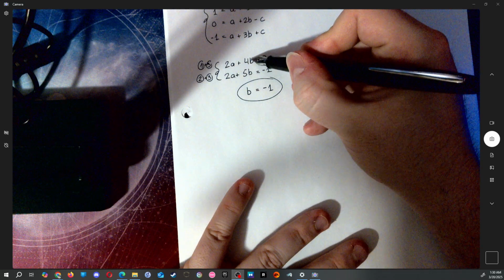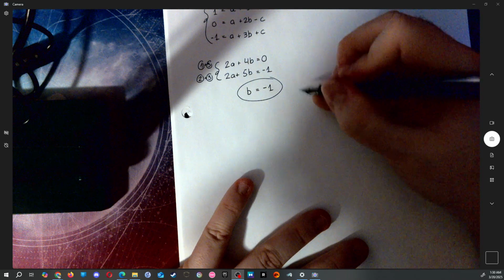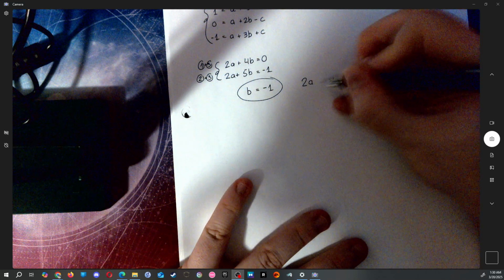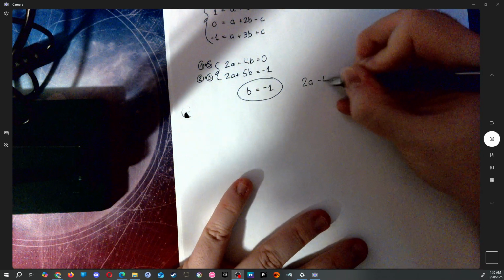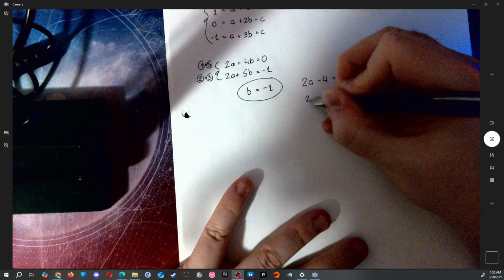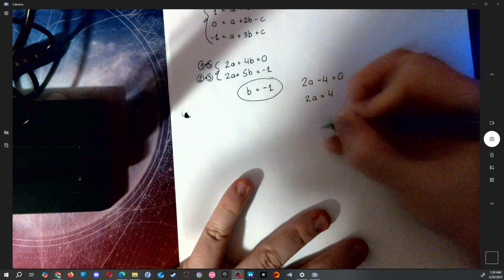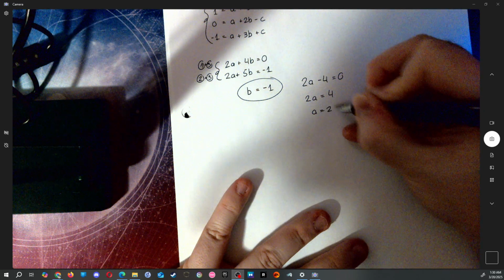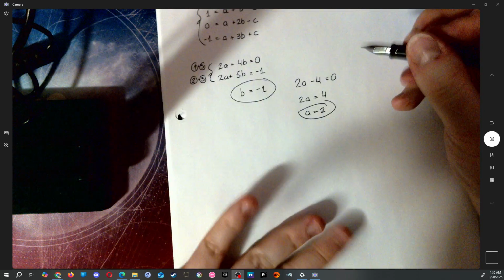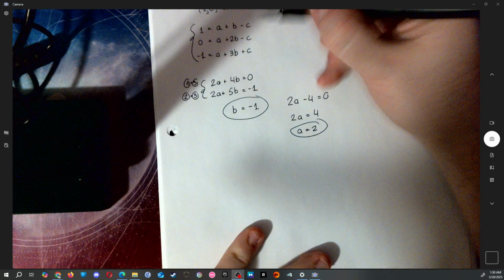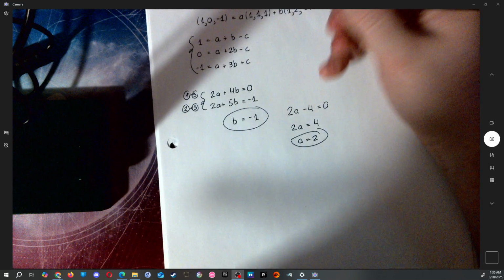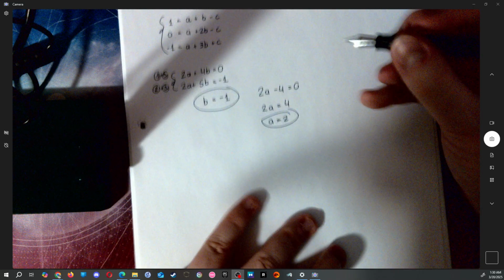I'm just going to pick this equation up here. So 2a minus 4 is equal to 0, 2a is equal to 4, and a is just equal to 2. And then last but not least, I'm just going to pick equation number 1 up here just because it has the lowest coefficients for each term.